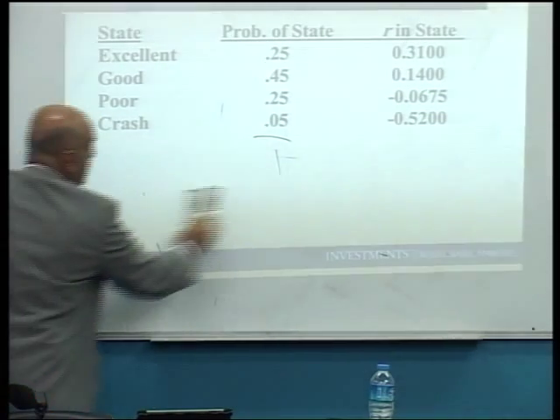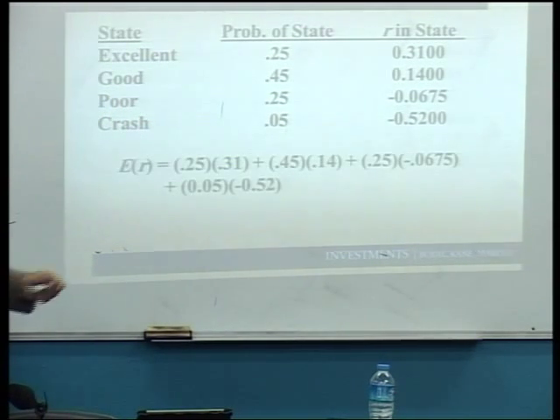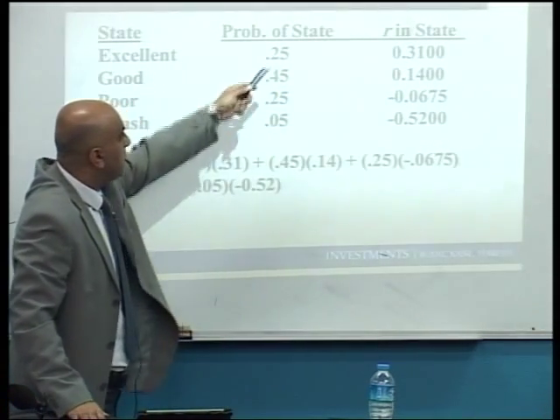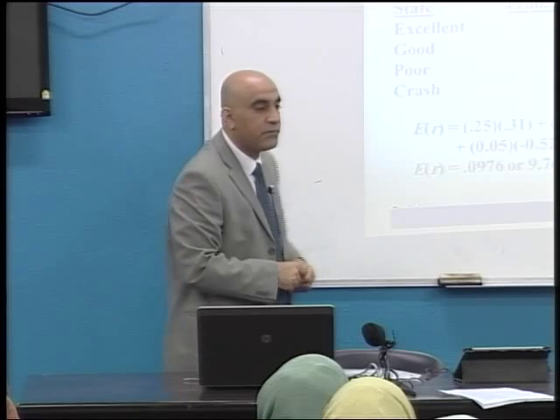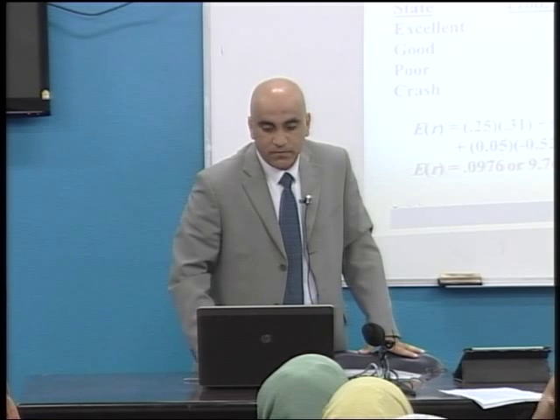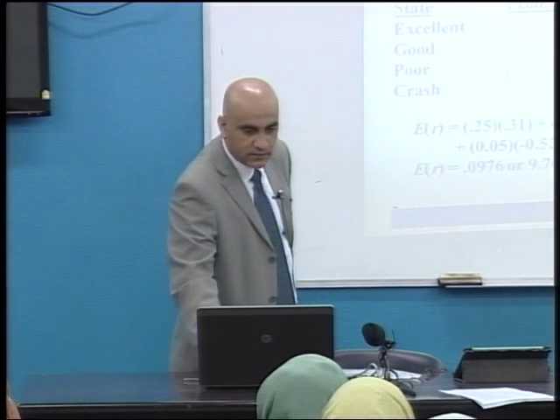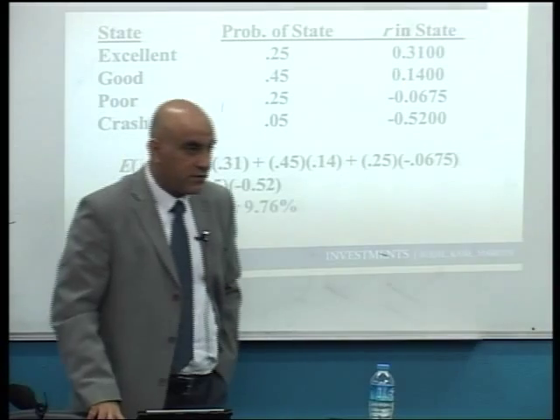By doing this, we obtain the expected rate of return for a particular stock. Just 25% times 31 and 45 times 14, you will have 9.76%. Okay? Just very simple. So this is the expected rate of return for a particular stock.